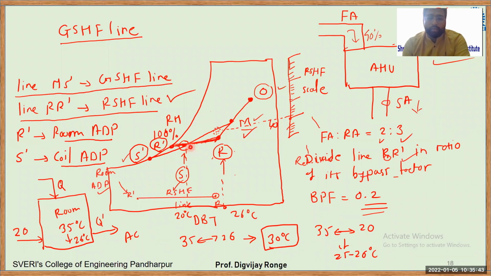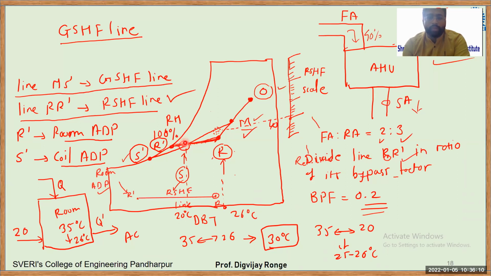In that case, you have to divide this line into 10 equal parts and search for 1.5 parts. If the bypass factor in this example is 0.2, you divide the line into 10 equal parts, search for 2 parts from this, and this point will be your bypass factor point.